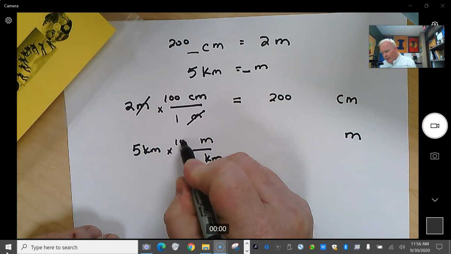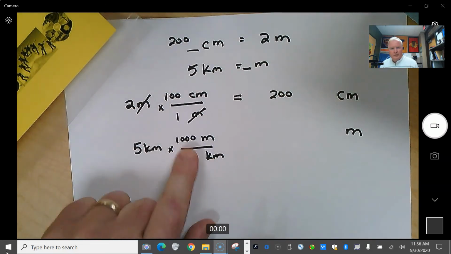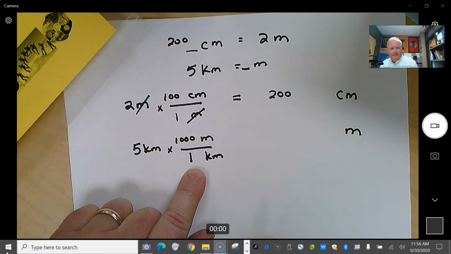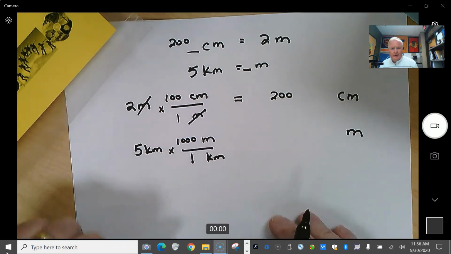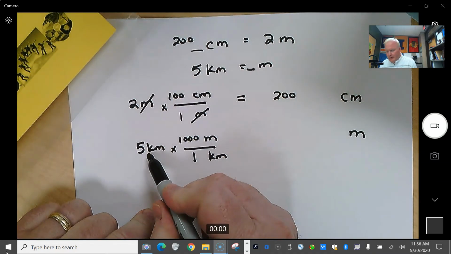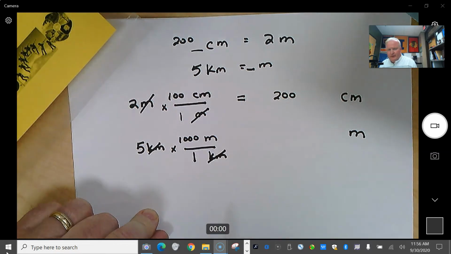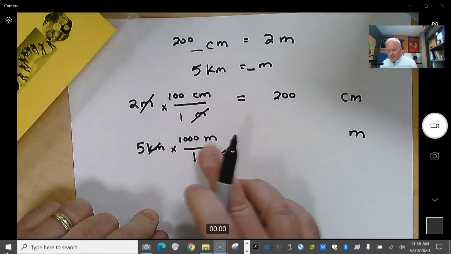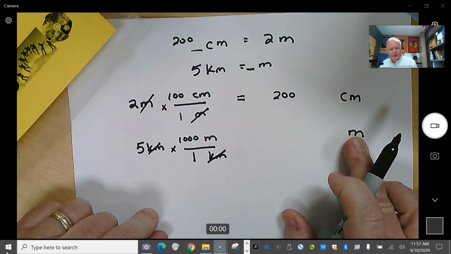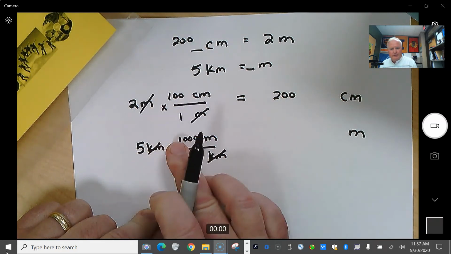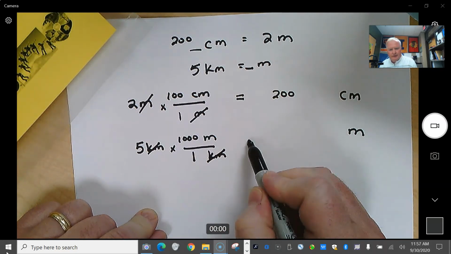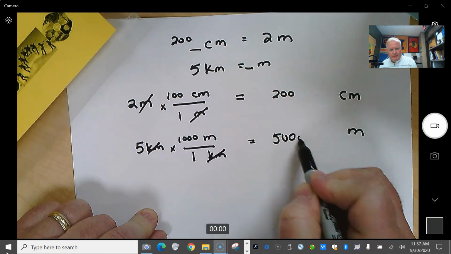So there's 1,000 meters in every 1 kilometer. Right? And now we're ready to do our math, and we'll say, we gotta get rid of our kilometers, right? Because they cancel out. We're left with meters, which is what we wanted. And now we just have to do the numbers. 5 times 1,000 divided by 1, and we get 5,000.